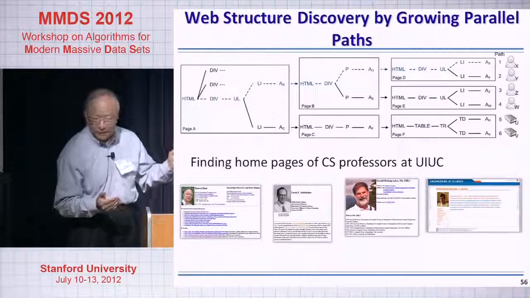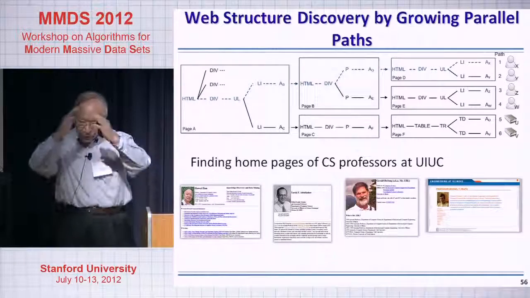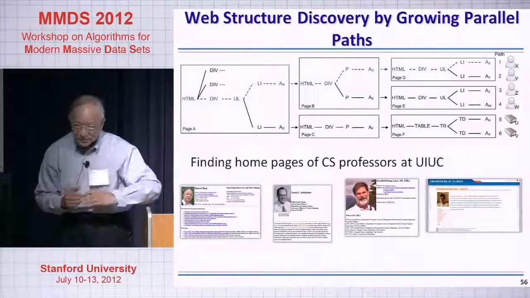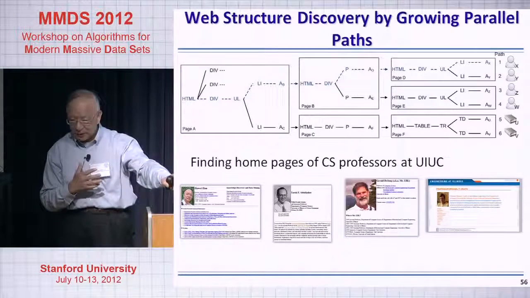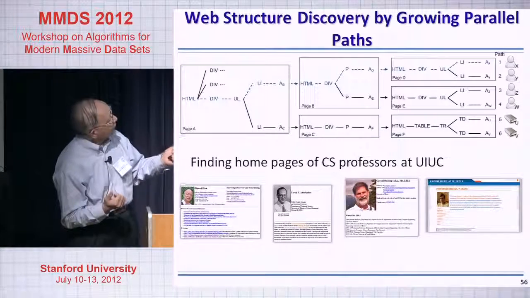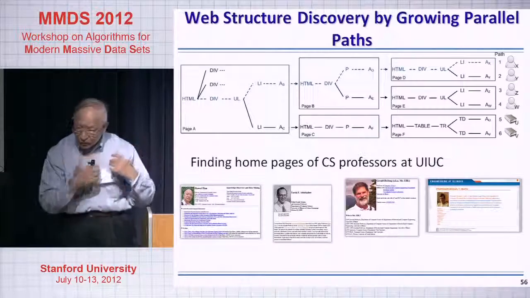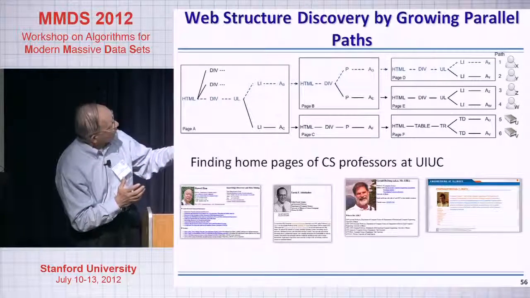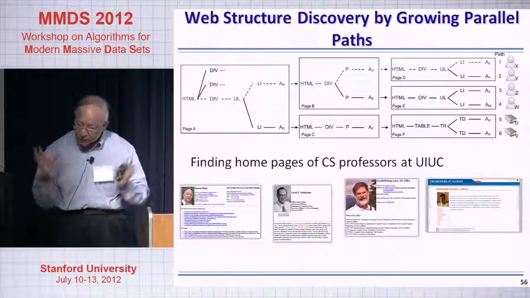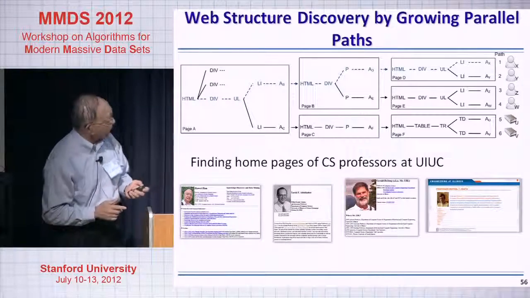But suppose you have one professor and you try to find all the professors in, say, the UIC computer science department automatically. We found that using what we call growing parallel structures, because they are in a similar space, you just look at structure differences based on HTML or XML structures, and you can get a very good result.